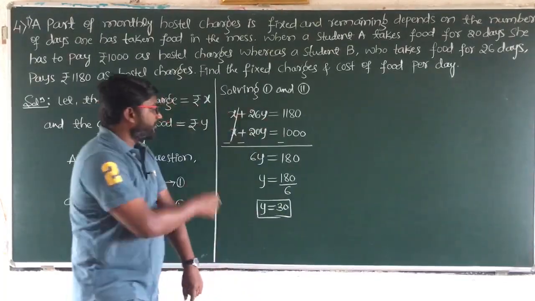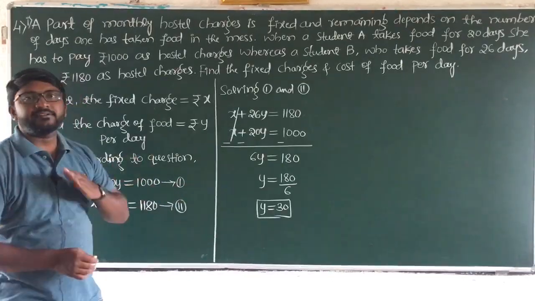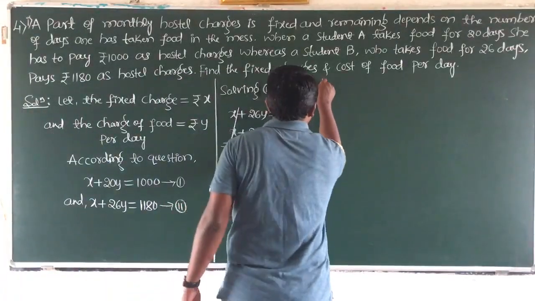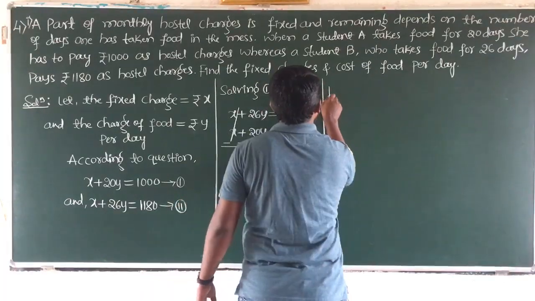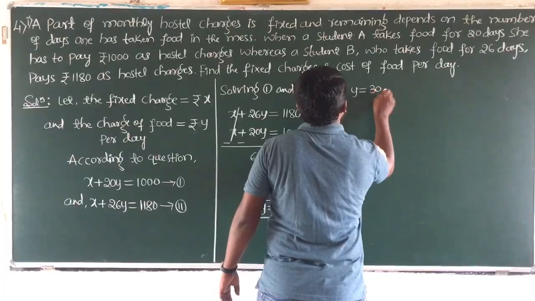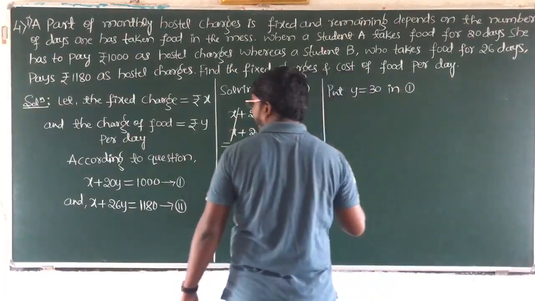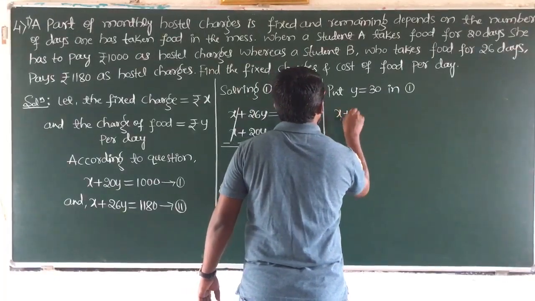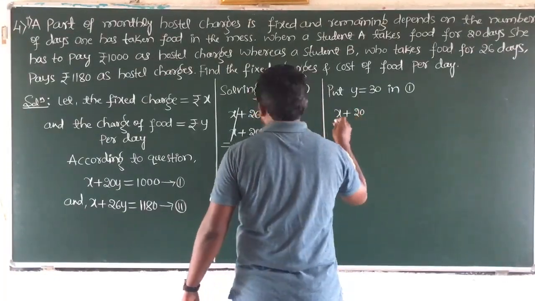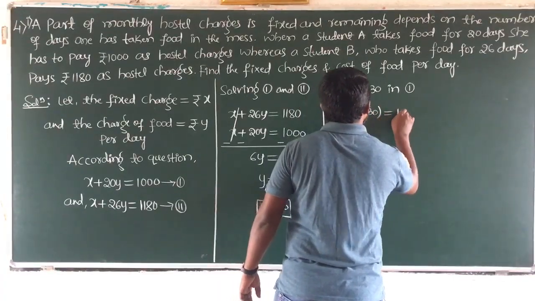Now we have to substitute y equal to 30 in any one of the equations to get the value of x. So put y equal to 30 in equation number 1. Now x plus 20 into 30, in place of y I have written 30, equals 1000.